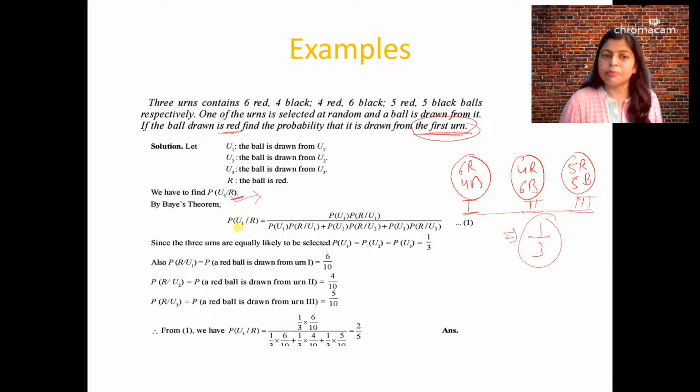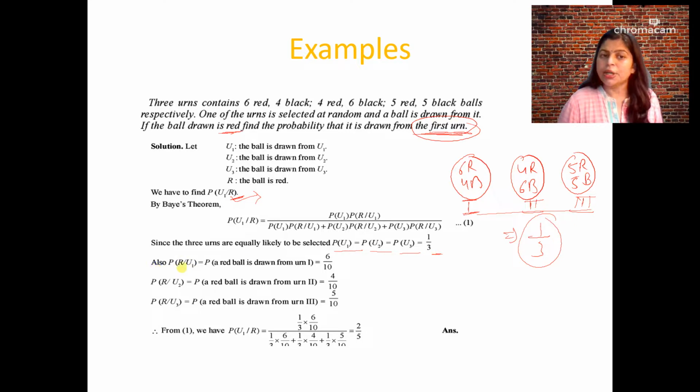You have to remember this: u1 given r, and you have to write the probability of choosing urn 1 and the probability of getting a red ball from urn 1, and then use this formula. Then you have to get the probabilities of each one. Like I told you, the probability of u1, u2, u3 would be 1 by 3.